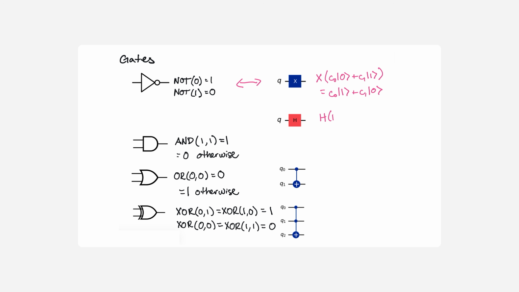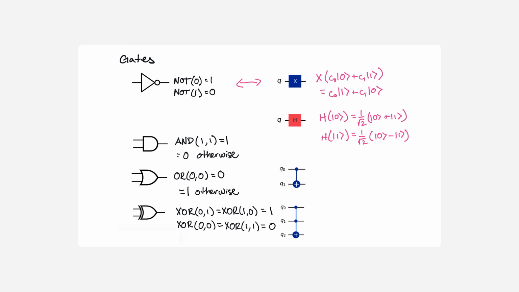H times |0> equals 1 over root 2, |0> plus |1>, and H times |1> equals 1 over root 2, |0> minus |1>. And still other single qubit gates can change the phase of a qubit state. Because this phase is a quantum feature, these gates also don't have any classical counterpart.